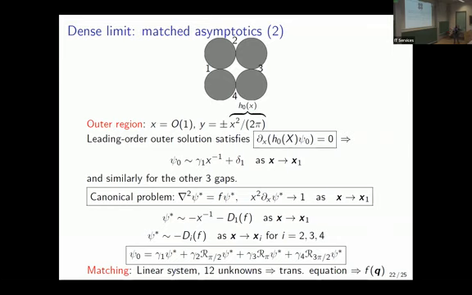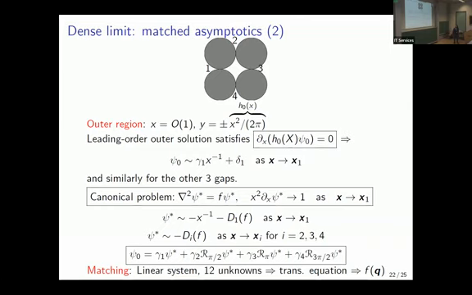And so you give f to this problem, you can solve it numerically, and it gives you the constants d1, d2, d3, d4. And these constants are the key to make that matching possible. So then you write psi0 as a linear combination of psi star with some constants that need to be determined by matching with the inner solution.